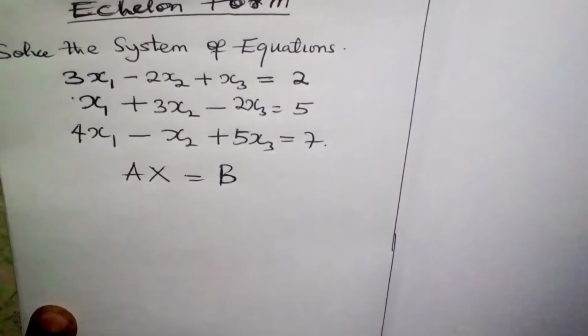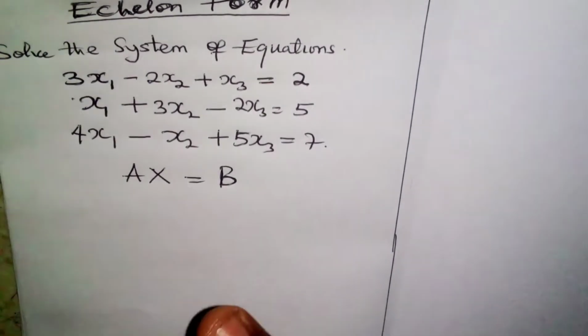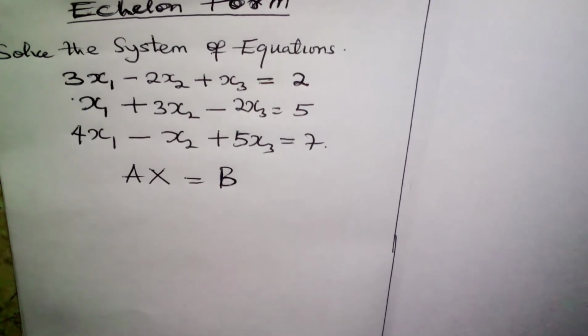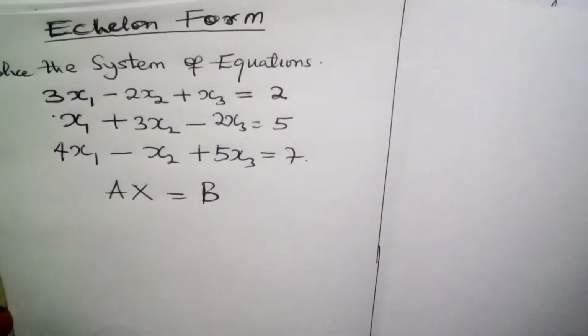Ax equals b, where A is known as the coefficient of the unknowns, then x is the matrix that contains all the unknowns, and we're having x1, x2, x3 as the unknowns. Then b here is the constant on the right hand side. Take note of that.